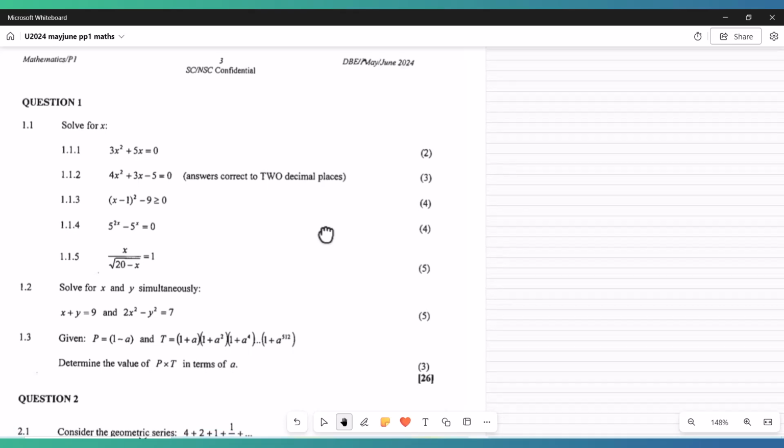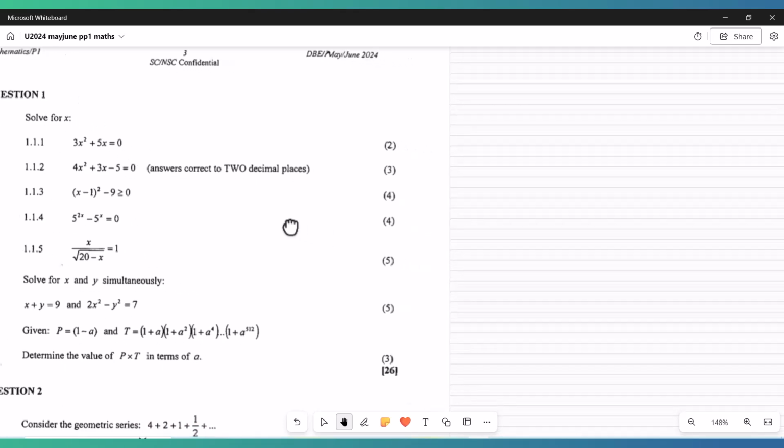They say here, solve for x. That is 1.1.1. You see, we have here 3x squared plus 5x equals 0. Because we have only two terms with a 0 this side, we can factor out the common factor, in this case x.